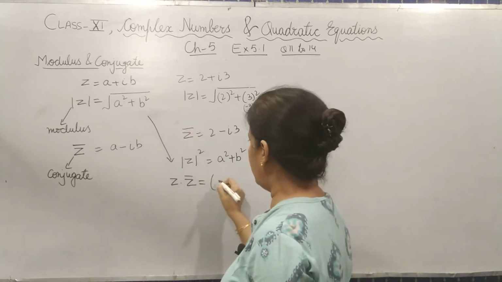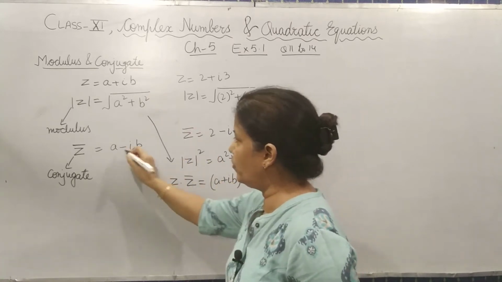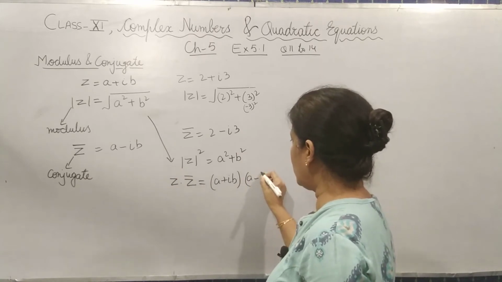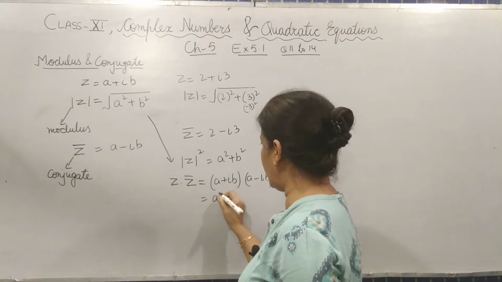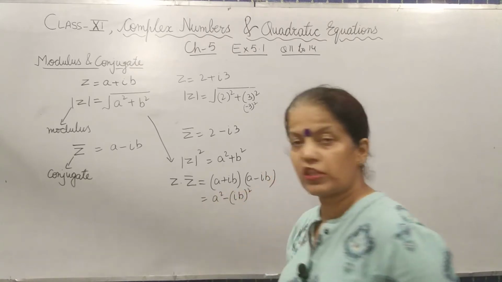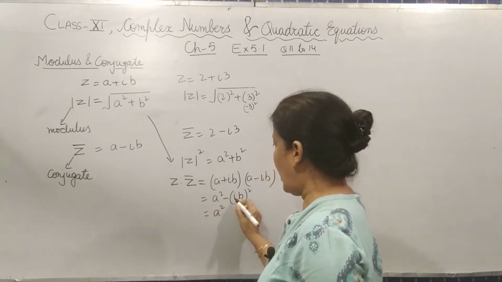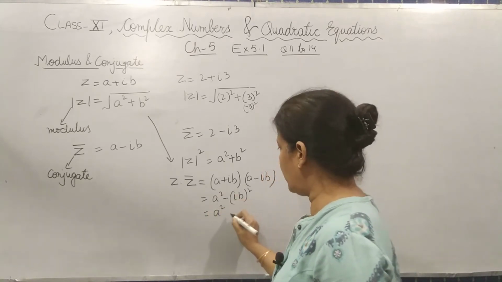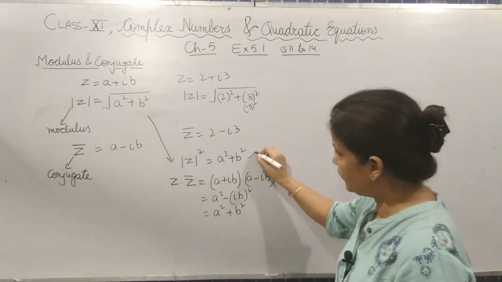z means a plus iota b and z bar is a minus iota b. Multiply a plus iota b by a minus iota b, so a square minus iota b whole square. So it will come as a square minus iota square b square, and minus minus will become plus, so a square plus b square. Look at these two.